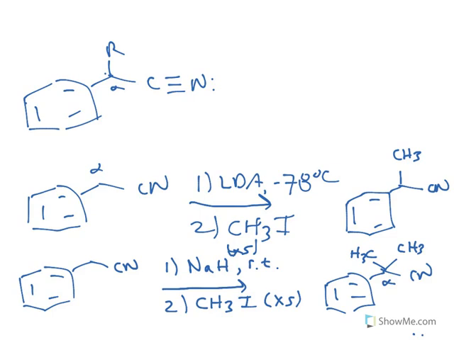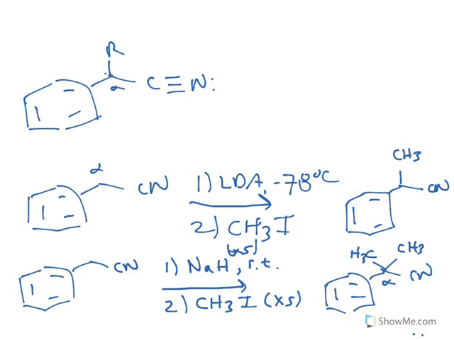If you just want direct one-time alkylation, go LDA, minus 78, then throw in your alkyl halide. If you want thermodynamic conditions, what you're going to want is sodium hydride at room temperature and then methyl iodide. You want excess of both of those, and you're going to exhaustively alkylate at those positions.